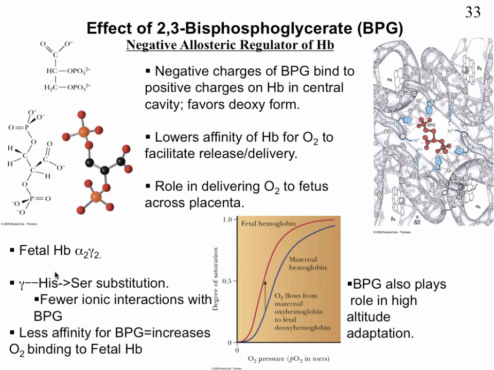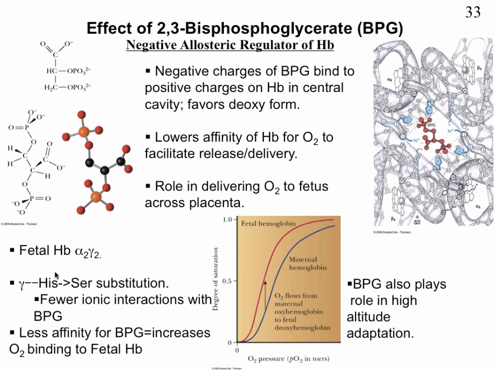And so the difference between the beta and the gamma, sorry, I said alpha, I meant gamma. The difference between a beta and a gamma is that it has a histidine to serine substitution. So instead of having histidine in this cavity, it's got a serine instead. And so there are fewer ionic interactions with BPG, so it's not able to bind as well into the cavity of deoxygenated hemoglobin.